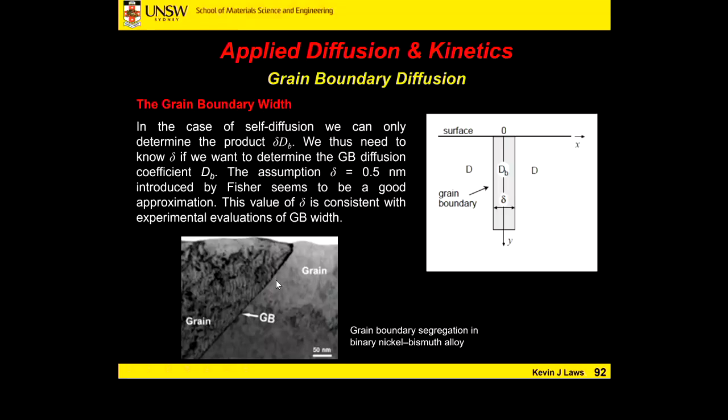We can continuously zoom in the TEM until we get down to atomic resolution and physically measure the width of our grain boundary. We can also measure that width at different orientations as well. So we can accurately measure our delta for our given material for a different crystallographic orientation, or just try to find an average for our material.